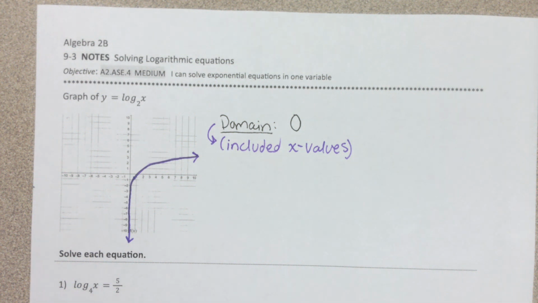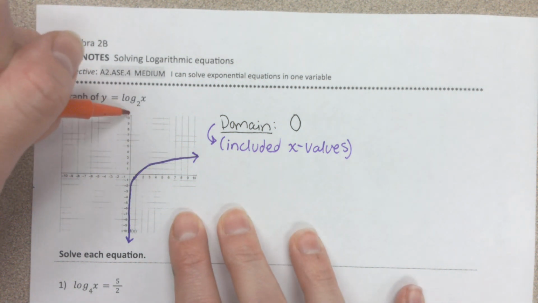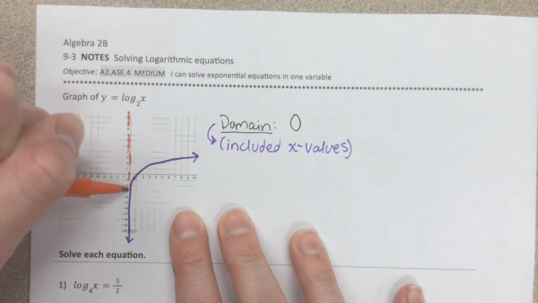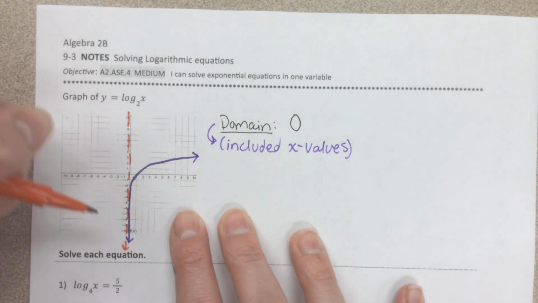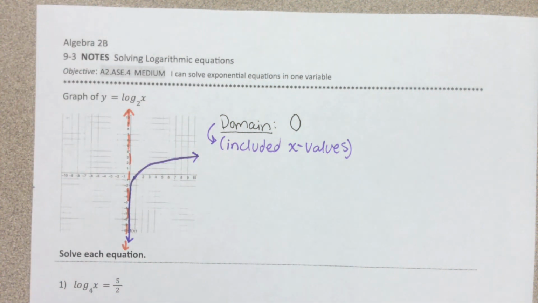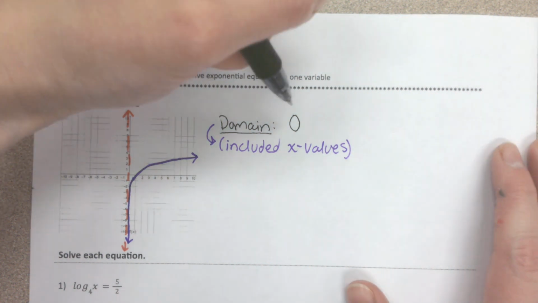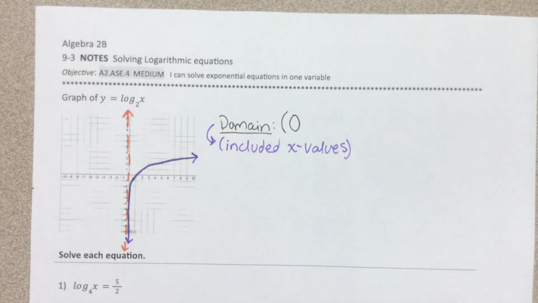Something that might help a little bit is knowing that there is an asymptote here on the y-axis. That is what is preventing that curve from moving more to the left. That's what's stopping it in its tracks. Because it's an asymptote, technically we are starting at 0, but that 0 is not included in the domain. When something's not included, we use a parenthesis.